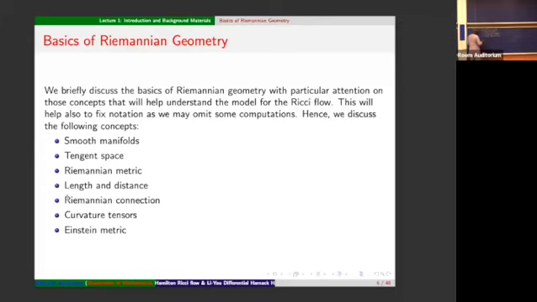And we also talk about connections, and of interest to us are Levi-Civita connections. Then we talk about curvature tensors. Then I will mention that Einstein metrics are also very important, because we are going to see Einstein metrics as fixed point solutions to the Ricci flow.